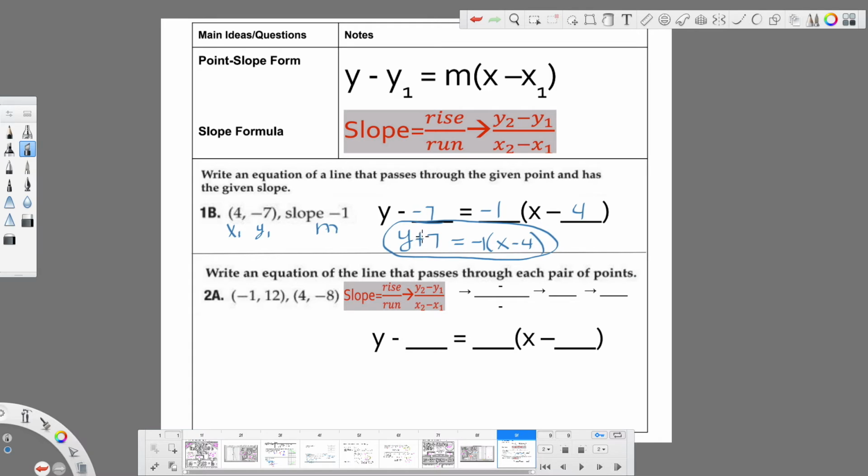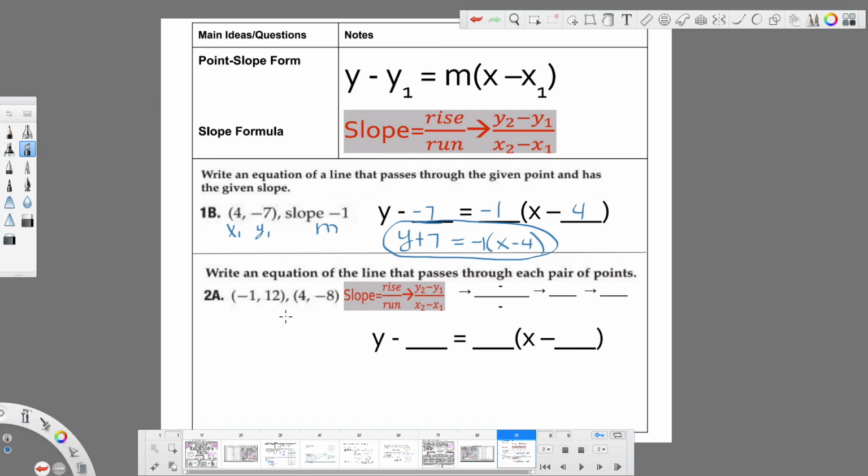So the next one says write an equation of the line that passes through each of the pair of points. So just like in slope-intercept, now they're giving us 2 points, but remember we need 1 point and a slope. So we're going to subtract the y's on top, and we're going to subtract the x's on bottom, and that's going to give us our slope here.